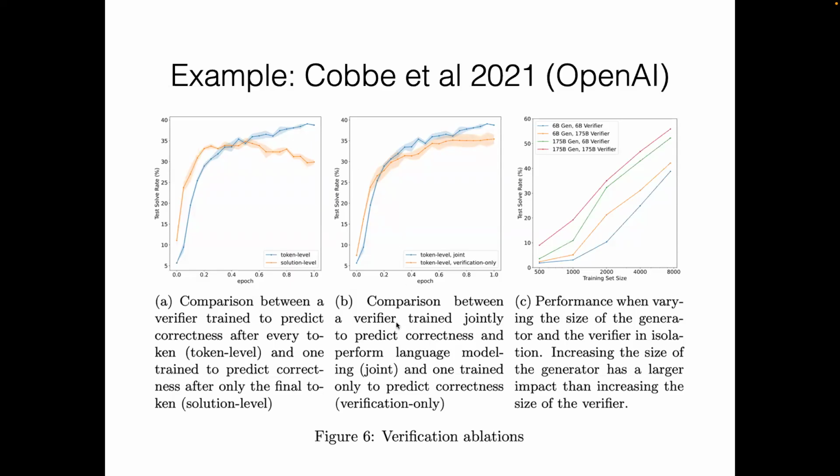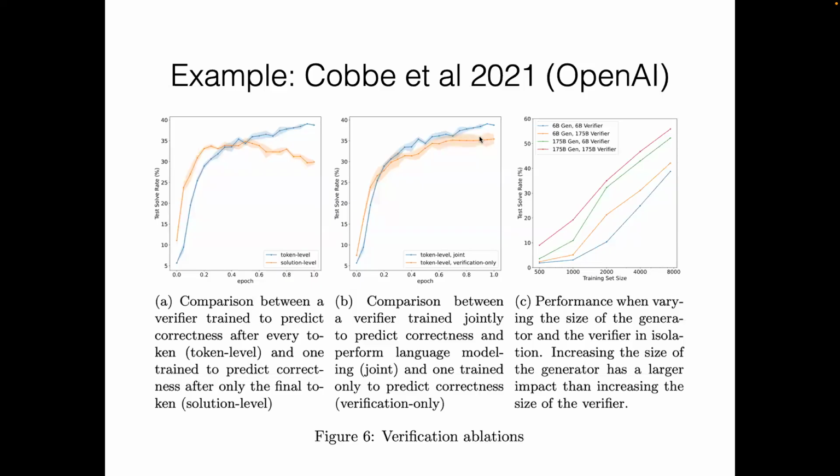Here they're using just the verification loss versus the verification loss plus the language modeling loss, which is in blue. You can see that adding in the language modeling loss helps a bit.